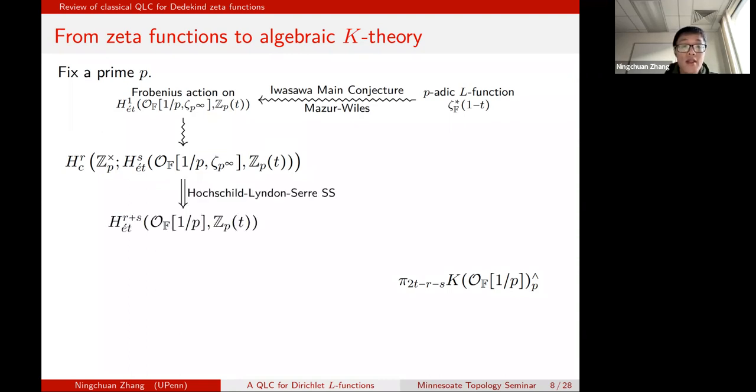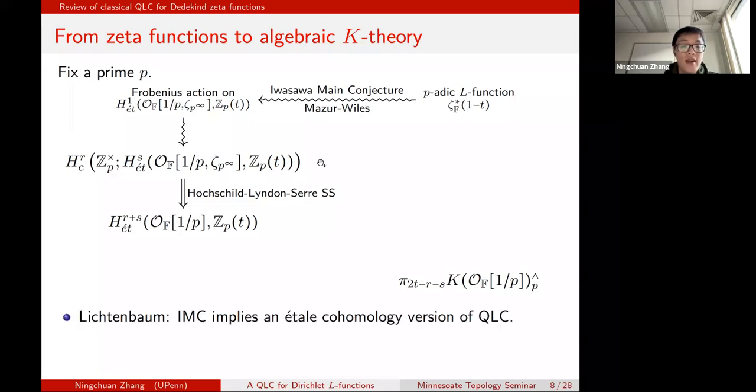And from there, there's a Hochschild-Lyndon-Serre spectral sequence where the inputs are those group cohomologies of étale cohomologies of number fields, and we can use it to kill the p-power roots of unity. And the reason we have to have this 1 over p here is that otherwise adding p-power roots of unity will not be an étale extension. So that's why I have to invert p in the setup.